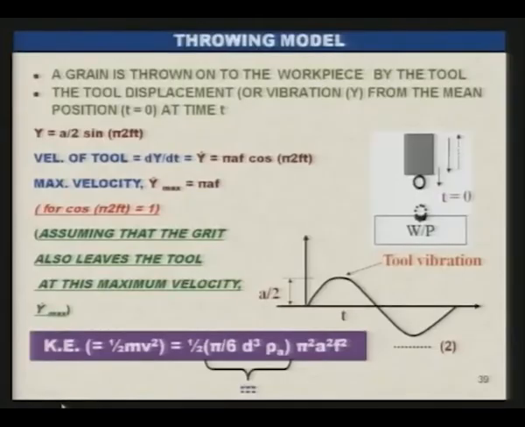As you can see here, the mass is given by pi by 6 d cube rho a, where rho a is the density of the abrasive particle and small d is the diameter of the abrasive particle, and pi square a square f square is the v square, or the maximum velocity of the abrasive particle with which it is hitting the workpiece.